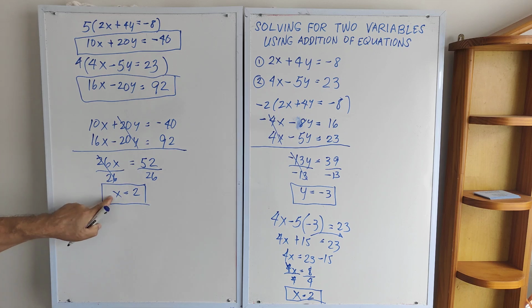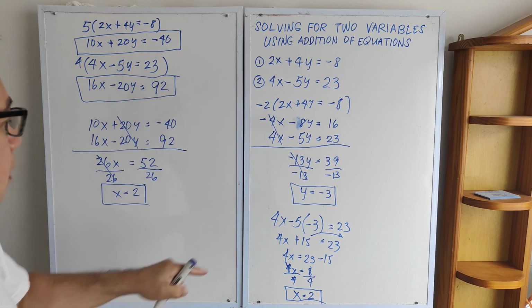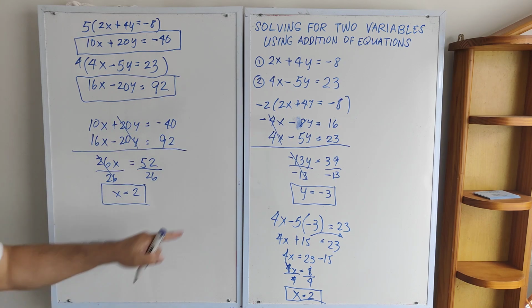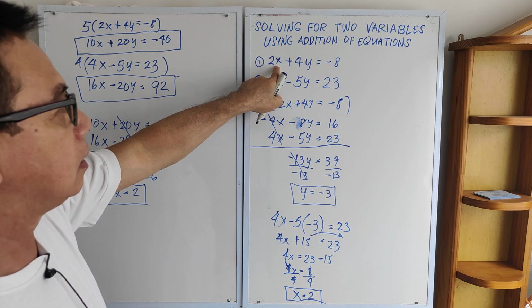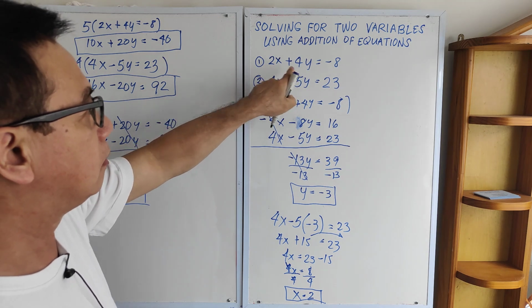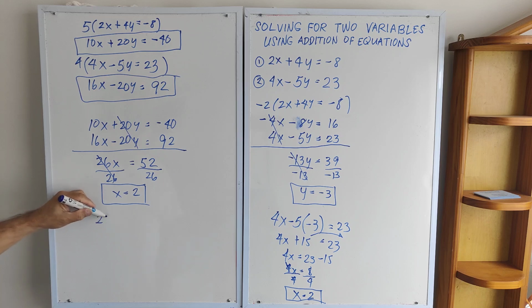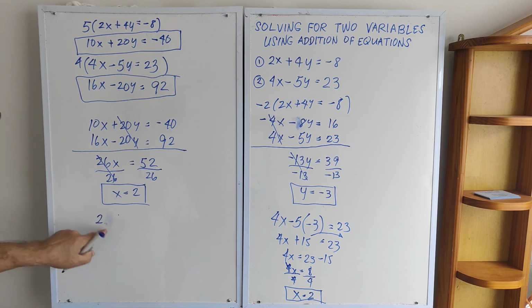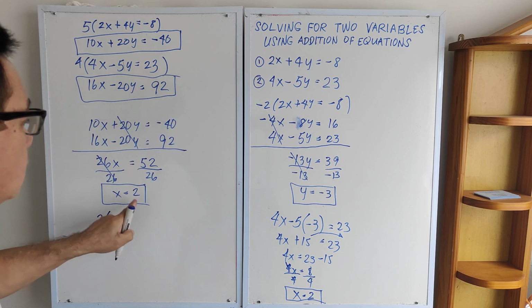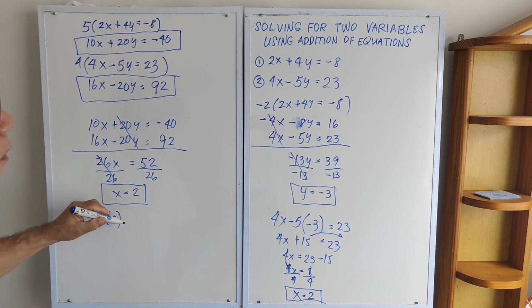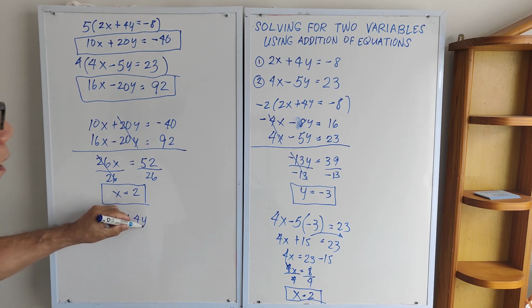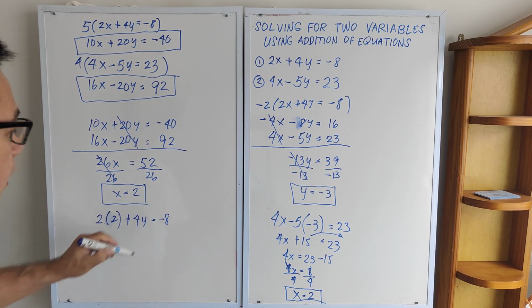So we can use this value on any of the equations to get the value of y. Let's say we use the first equation, so we will rewrite this one and then change the x in here with this value. So 2x, instead of x, we write the value of x, which is 2, plus 4y is equal to negative 8.